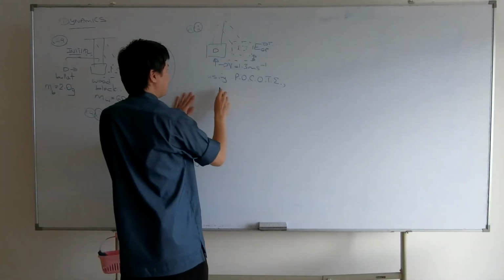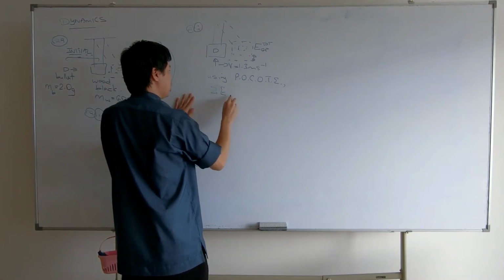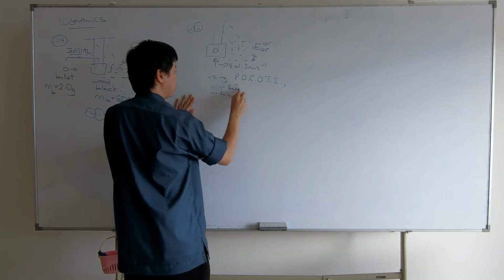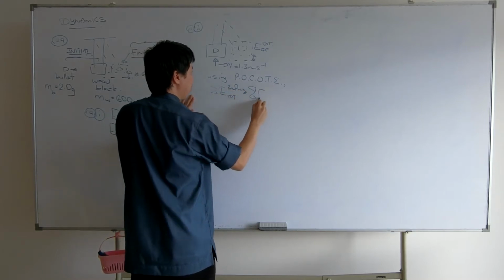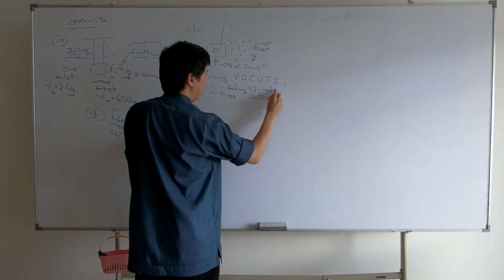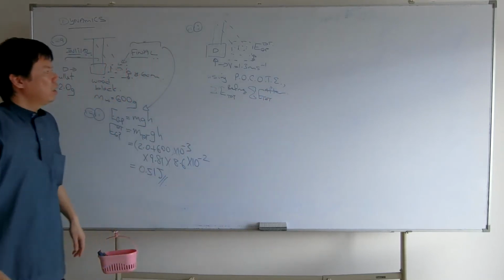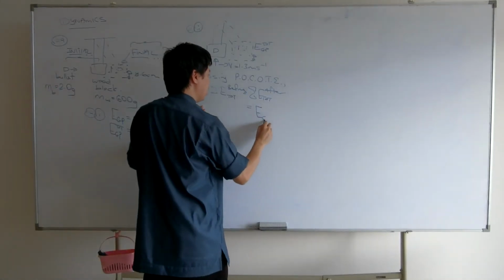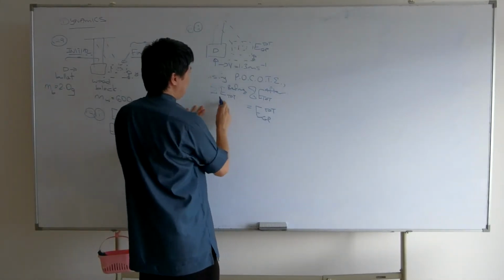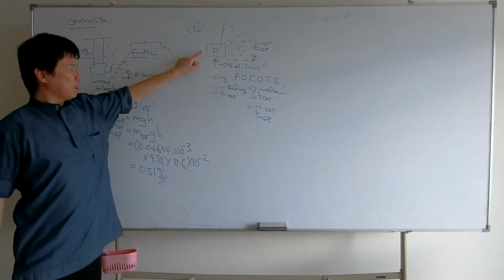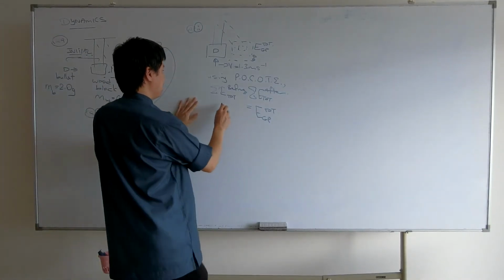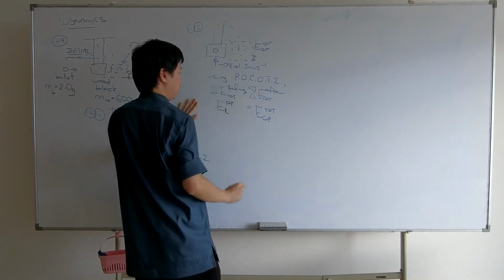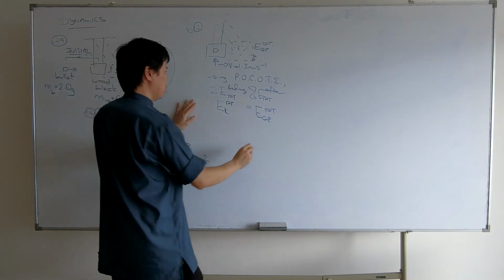What is POCOTE? It states that the sum of the total energy before is equal to the sum of the total energy after. Our after here in this case is EGP total. Our before here is kinetic energy, EK total.